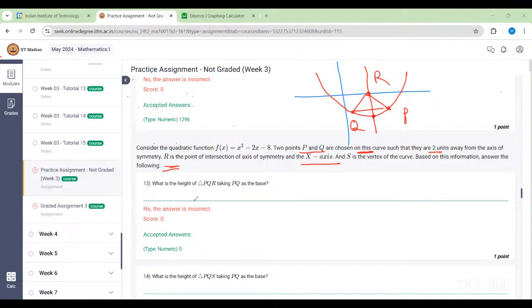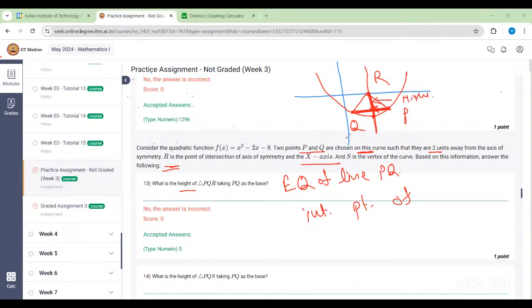And now we have to find the height of triangle PQR taking PQ as base. So the height of the triangle: first find the equation of line PQ, and then the intersection point of the axis of symmetry with this particular line. So now this will be our height of the triangle.